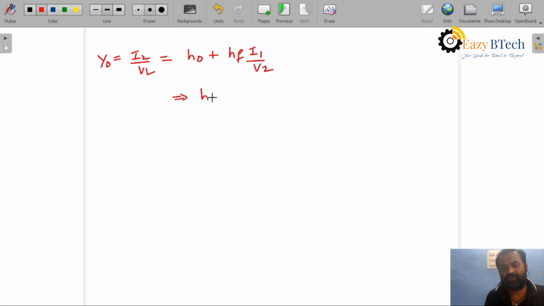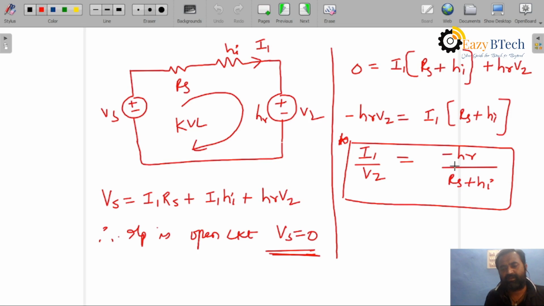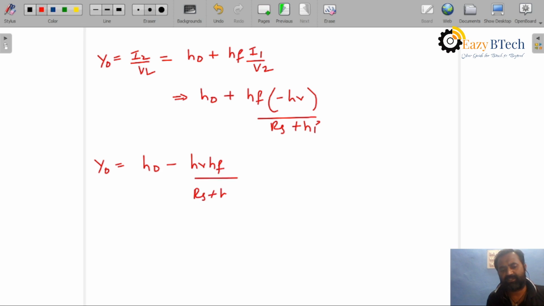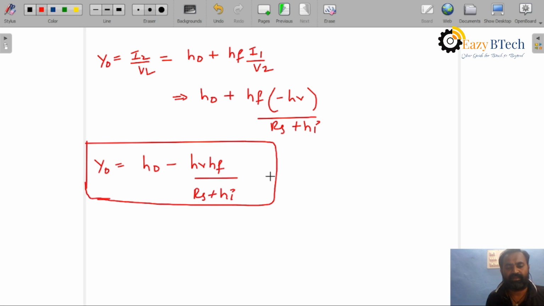That is H0 plus HF, and I1 by V2 value is minus HR by Rs plus Hi. This we can write as H0 minus HR HF by Rs plus Hi. This is the output admittance value.